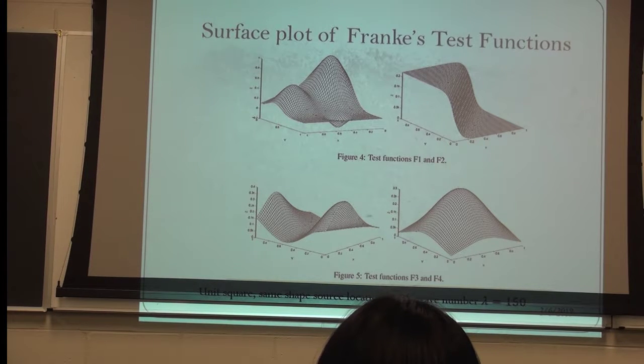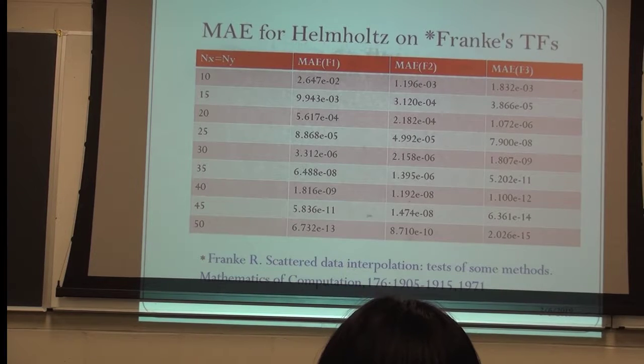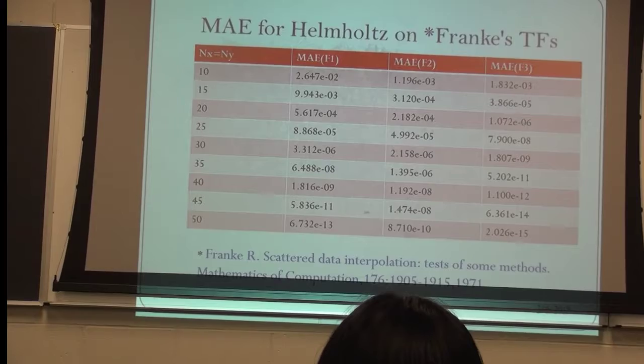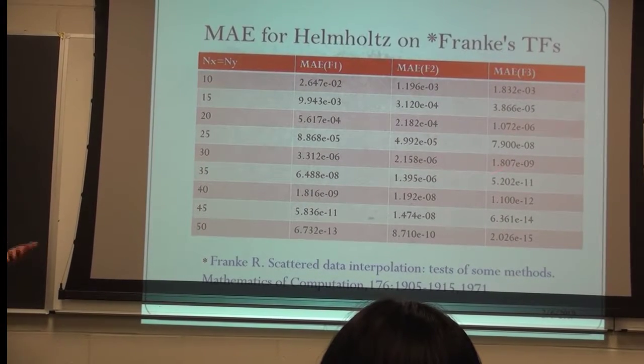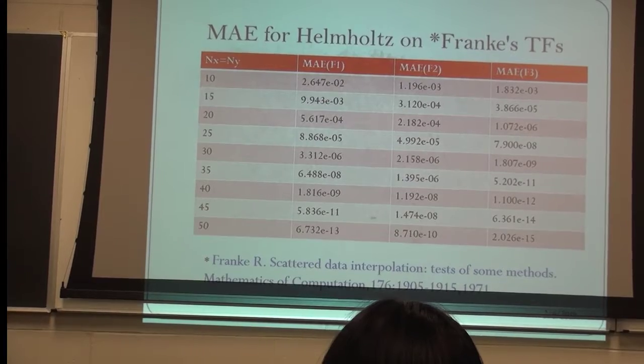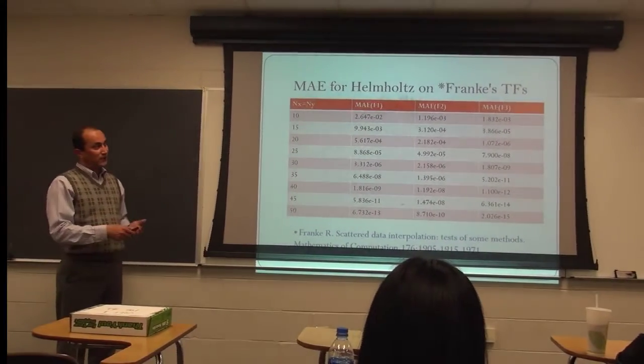We performed our numerical experiments, the Chebyshev polynomial scheme, on these test functions also. And in this case also, we actually got pretty satisfactory numerical accuracy. That's what we call high accuracy compared to the others.